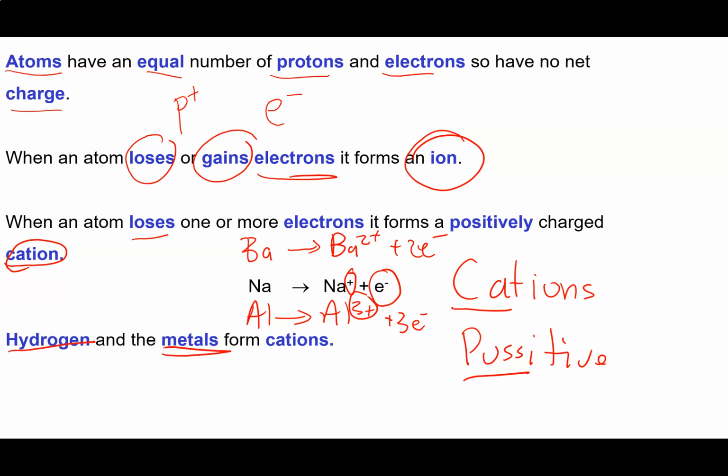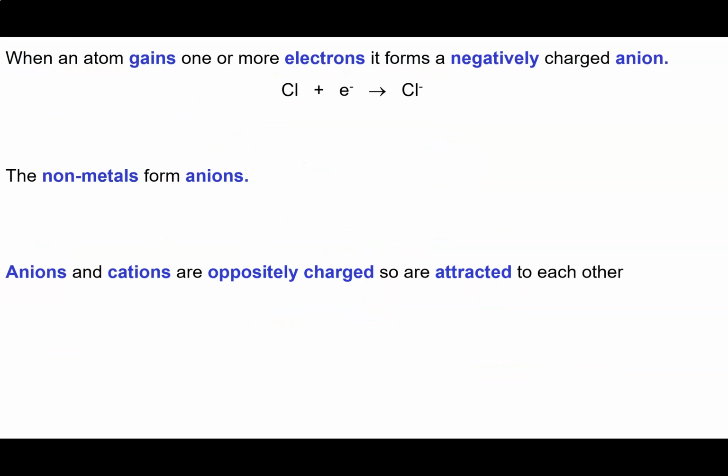They all form cations. Now, if an atom gains 1 or more electrons, then it'll form a negatively charged anion, and for every electron gained, it gets a 1- charge. So oxygen likes to gain 2 electrons and acquire a 2- charge.